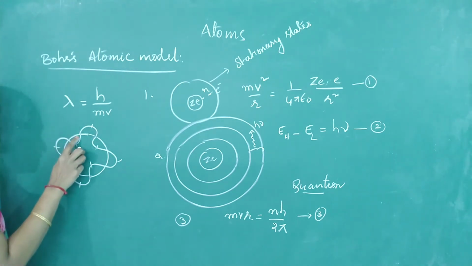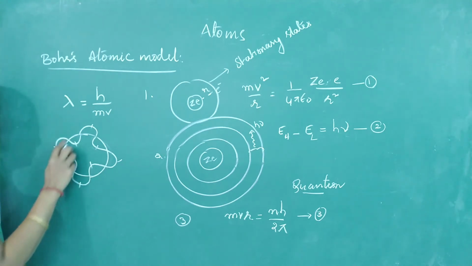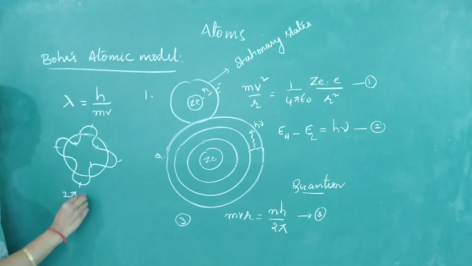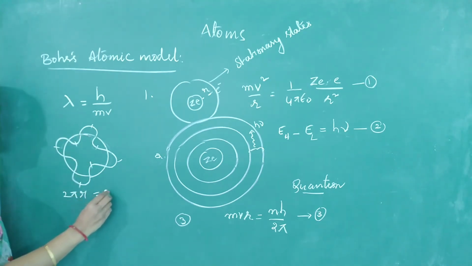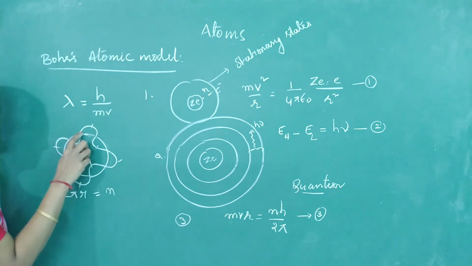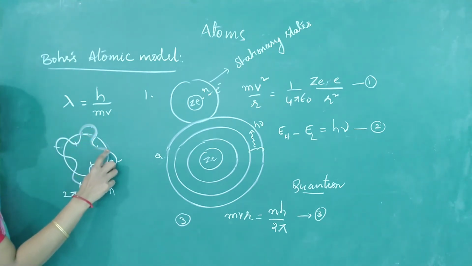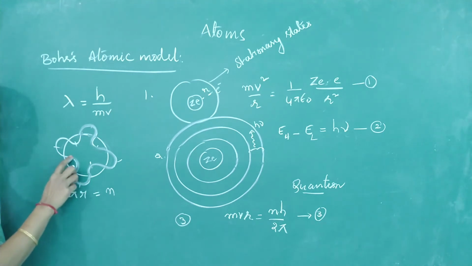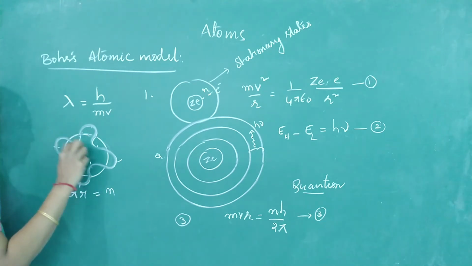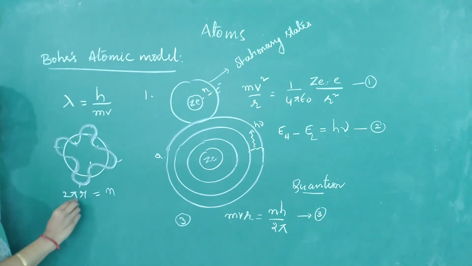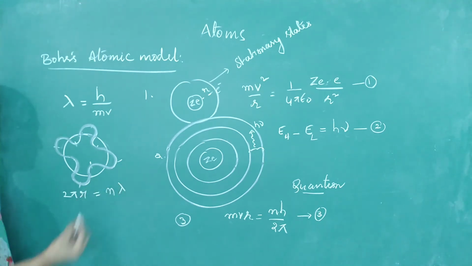Indirectly speaking, the total length of this circle, the circumference, should be an integral multiple of the wavelength. Check out, this is one wave, 2, 3 and 4. It forms a closed region only if 2 pi r is equal to n lambda.